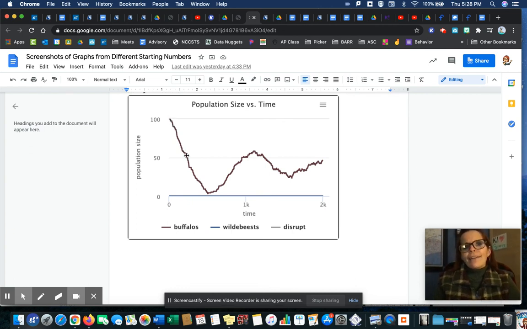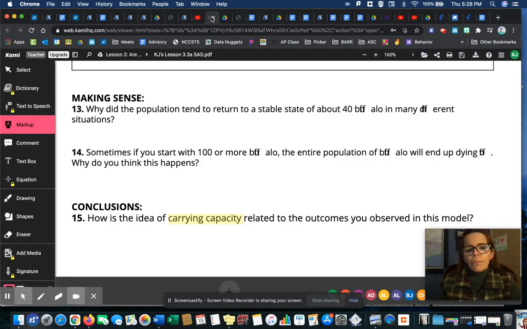Death, death, death. 98 animals died before they were able to start reproducing. And why were they able to start reproducing? Because the plants started coming back again. They were eating well and they could start having babies again. So carrying capacity is the maximum number that the environment can support and keep them alive. They won't die of starvation. So that gives you a sense of what that particular term means.